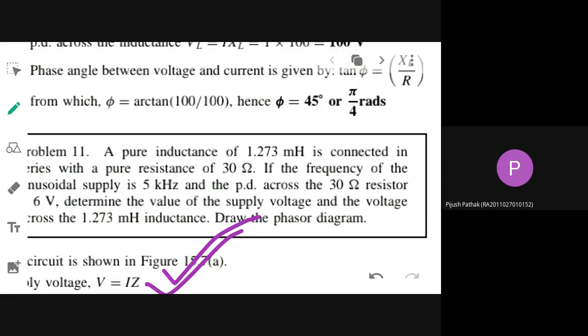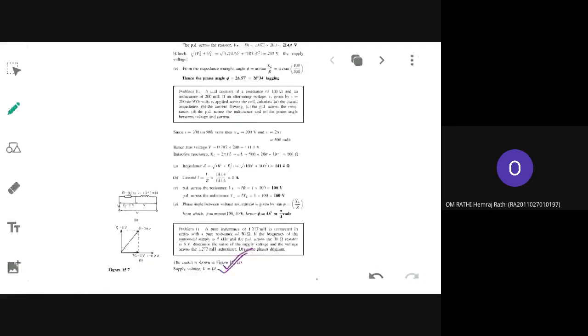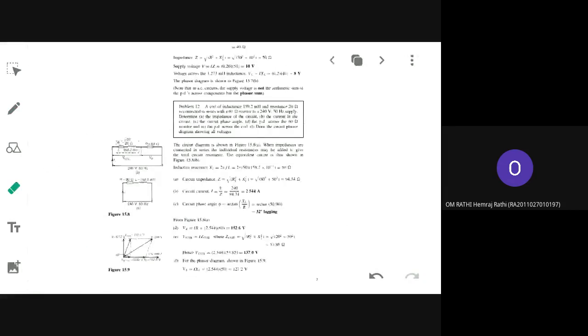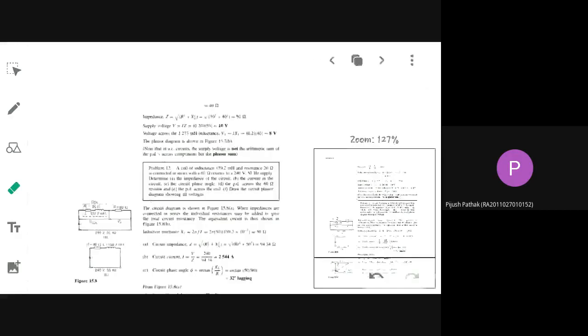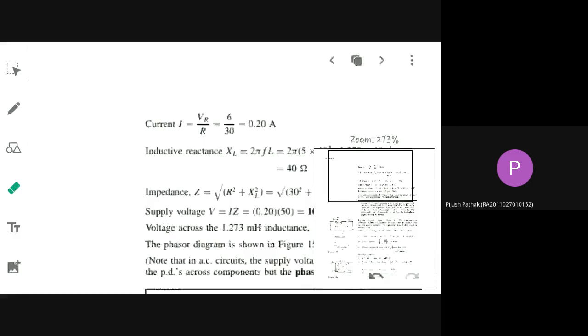Rajdeep. Ma'am, supply voltage is 10 volt. Let me check the answer. And I'm calculating the voltage across the inductor. Supply voltage is 10 volt.